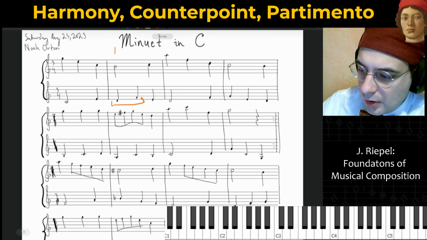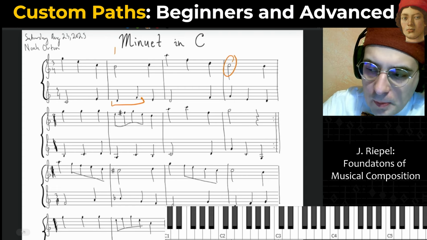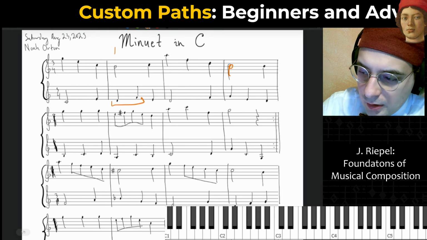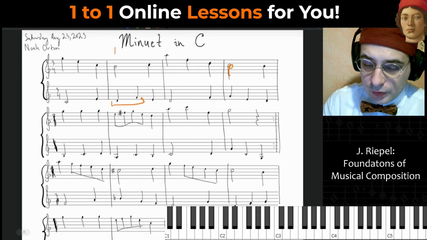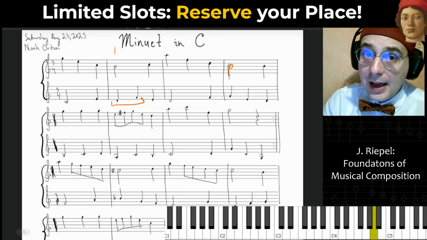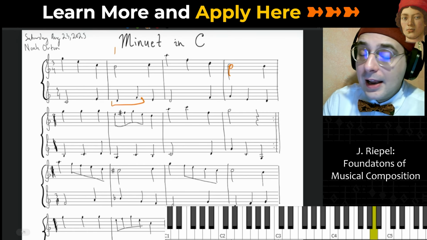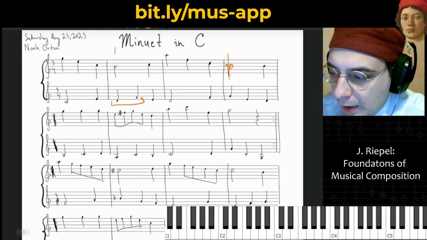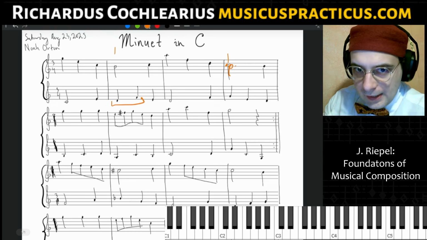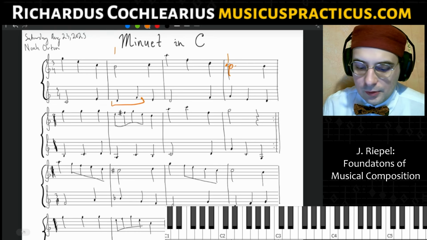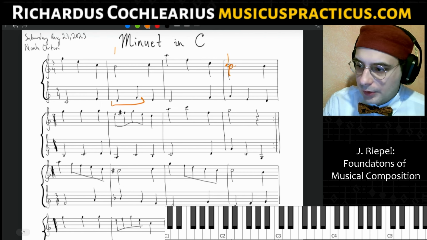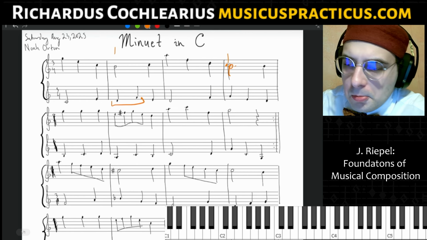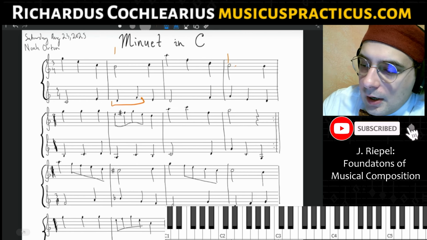For example, here we may even write a C, with an appoggiatura this way. When you play it, it's the same, because this appoggiatura takes 2 quarters, so a half note. But just a little consideration in writing.